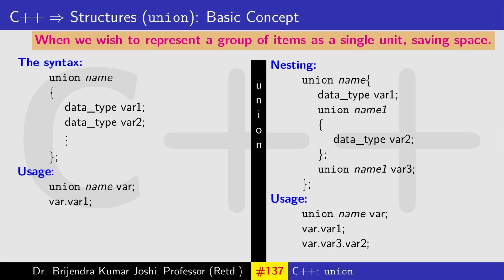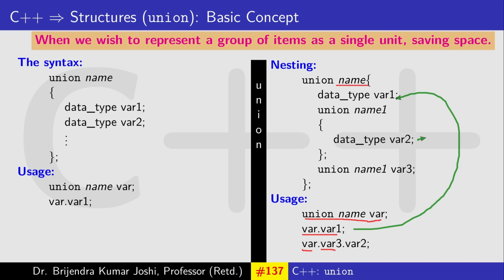How to access? To access, create a variable of the outermost union. To access its member, var dot var1. So this will bring us to this one. Now if I want to access this, first create a variable. We have already created a variable of this type, so it is var.